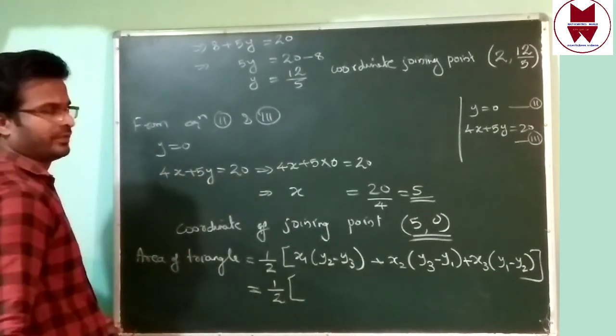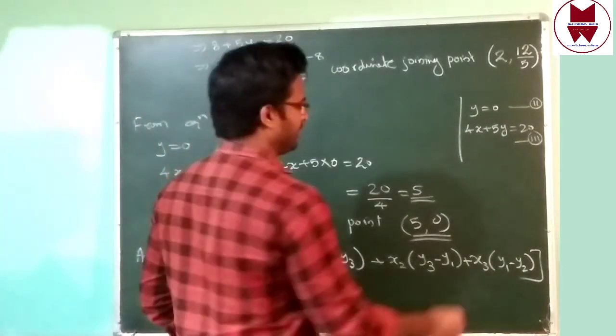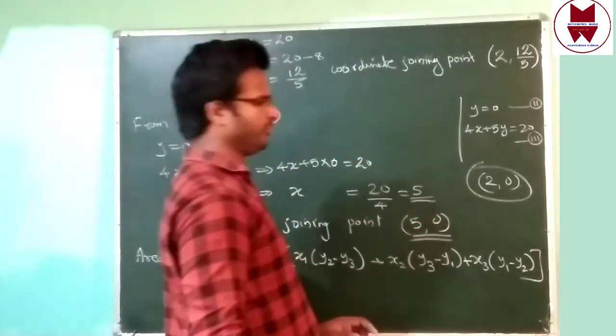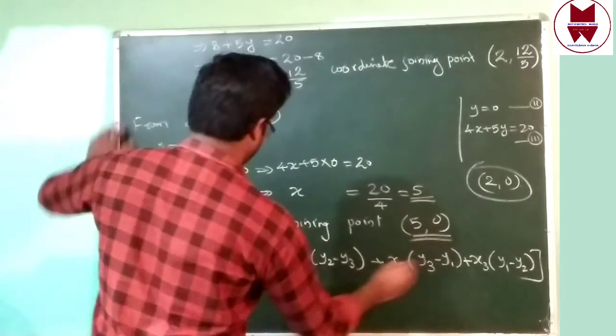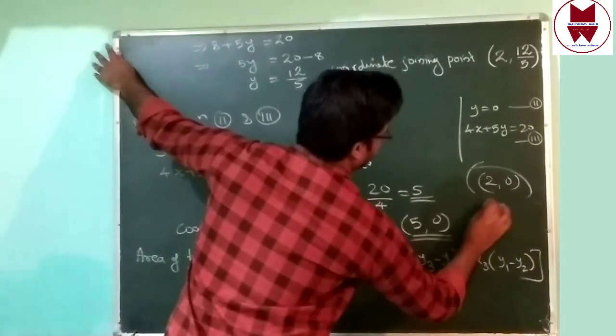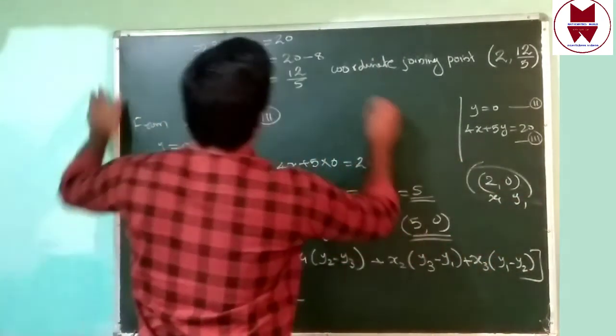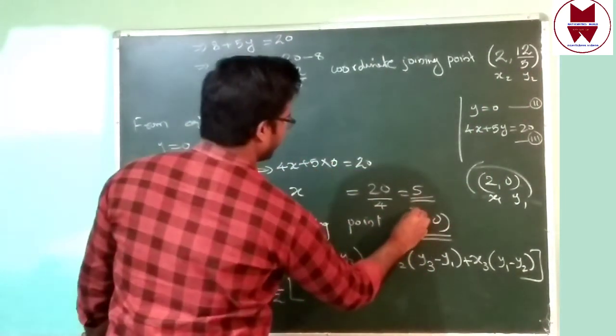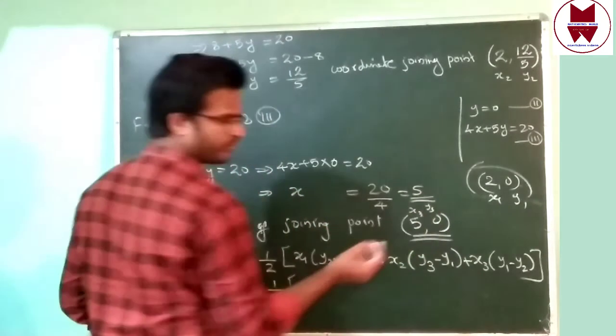What is x1? Already we got first point, that is 2, 0. This is like one point we got it, isn't it? That will be x1 y1. This point is x1 y1. Then second point is x2 y2. The last point is x3 y3. 3 points we already got it.